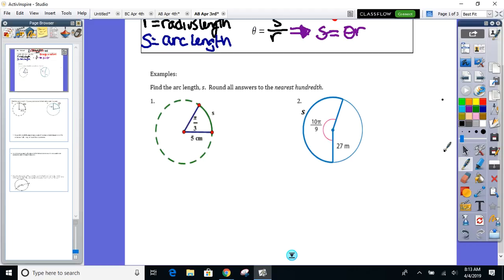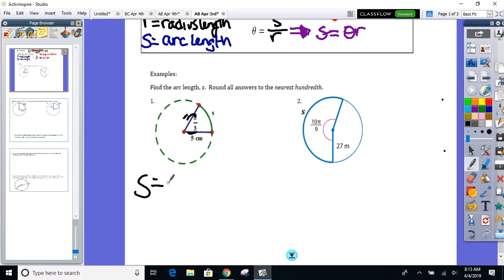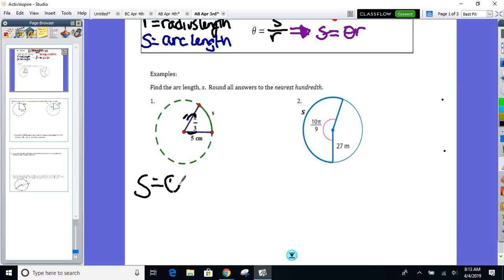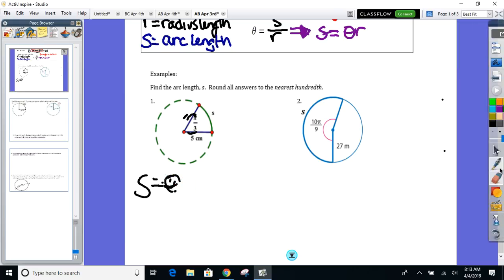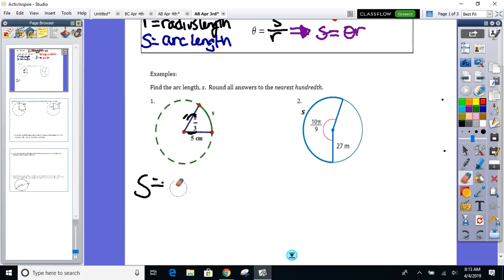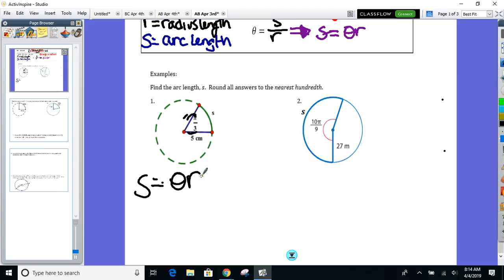First couple examples here, find the arc length S. Look at my angle. That's not degrees, that is in radians. So I want to use my formula, S equals theta R. Again, the formula I gave you on Wednesday, measure over 360 times circumference, is useless here because the angle's in radians and I need degrees for that formula.